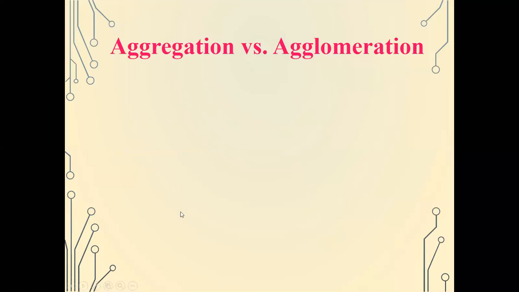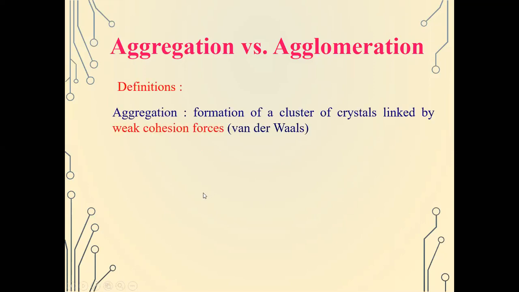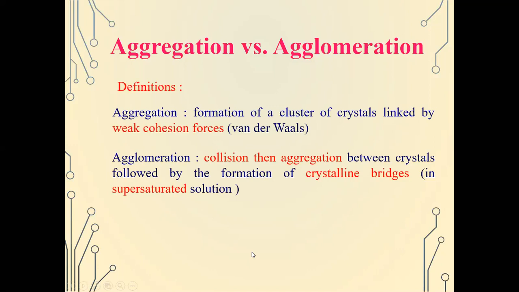Now, there is a mention about agglomeration and how we distinguish it from aggregation. There has to be a clear distinction between the two, because in here, the term that is used is agglomerate. So first we define aggregation: it's the formation of a cluster of crystals linked by weak cohesion forces, the van der Waals forces. When we speak of agglomeration, this is collision, then aggregation, so it's composed of these two processes.